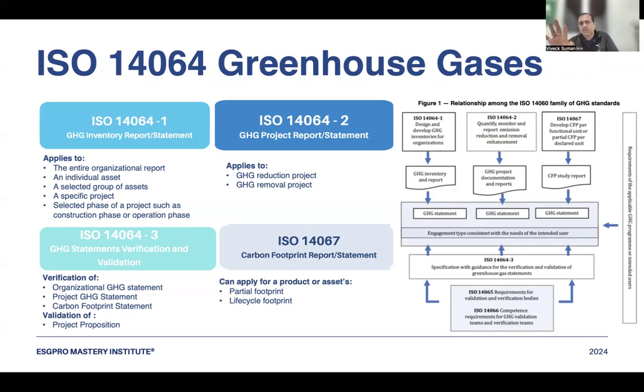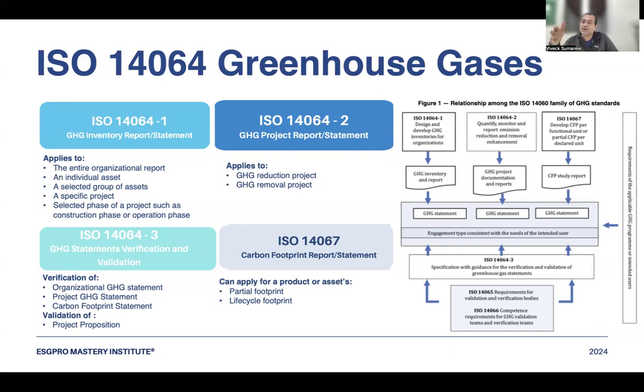So the relationship of the 14000 documents: there are different documents which relate to carbon accounting, which starts from 14064-1, which basically talks about how you should design and develop the GHG inventory. So where to collect, what to collect, etc., lies here for the organization.